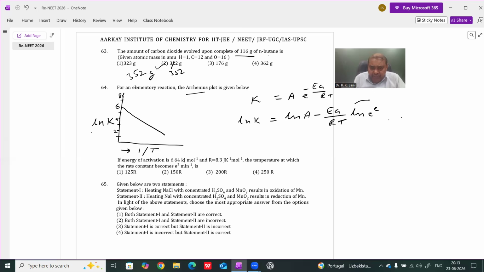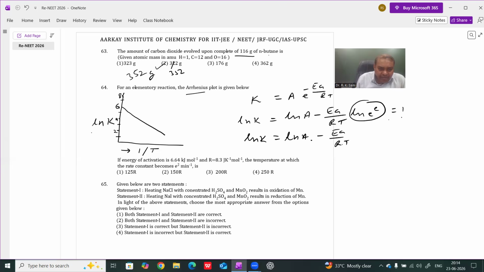This is very important for NEET students. Mathematics students understand it easily, but for JEE and NEET students, ln e equals 1, and hence the complete equation is ln k equals ln A minus Ea upon RT.